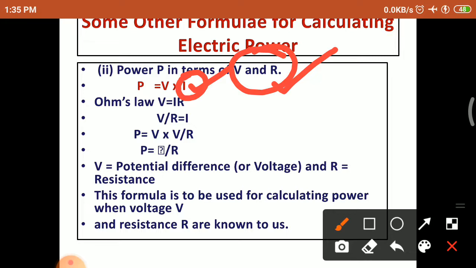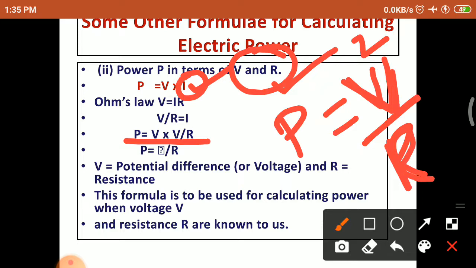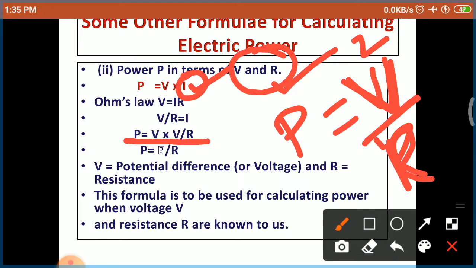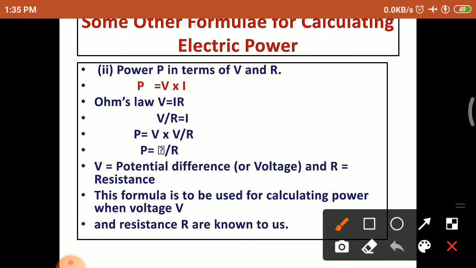From that we can write I equals V by R. So instead of I I substitute V by R. So P equals V into V by R, that is P equals V squared by R. So this is the power formula in terms of V and R. Here V is the potential difference and R is the resistance. This formula is used for calculating power when the voltage V and the resistance R are known.